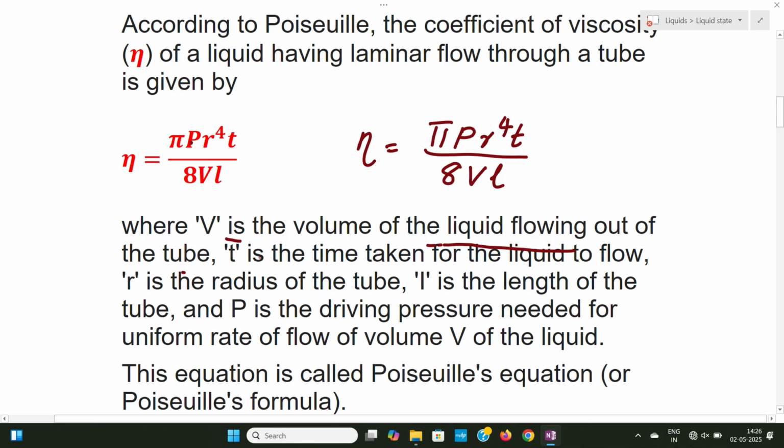Here V is the volume of the liquid flowing out of the tube, t is the time taken for the liquid to flow, r is the radius of the tube, L is the length of the tube, and P is the driving pressure needed for uniform rate of flow of volume V of the liquid. This is called Poiseuille's equation or Poiseuille's formula.